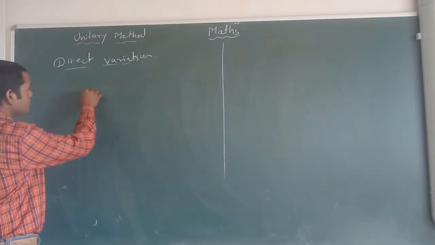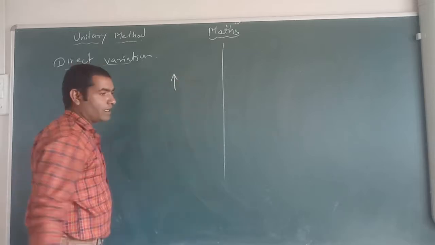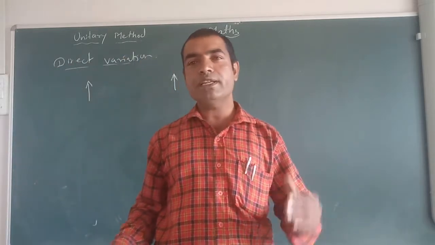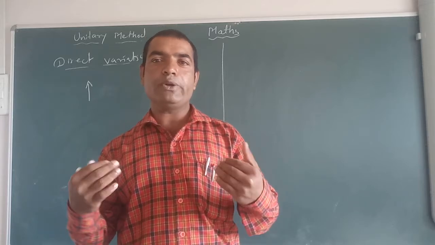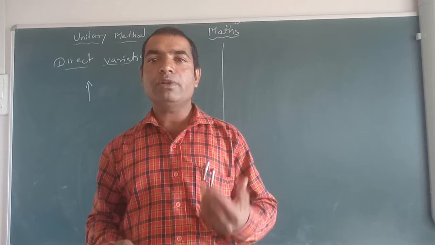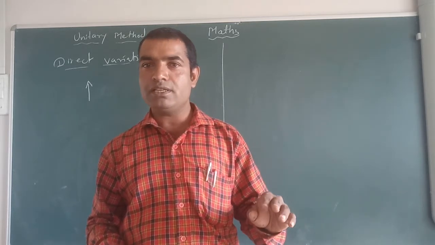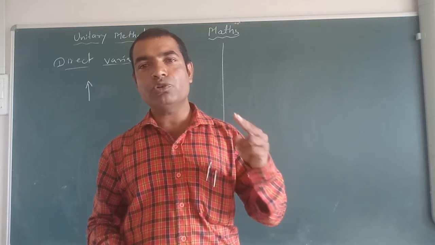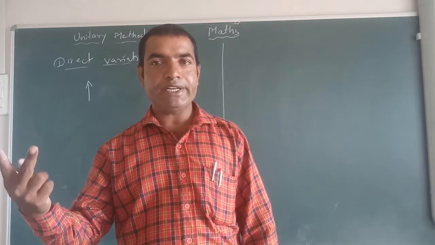That means both things are increasing. Or suppose one thing is decreasing, the other thing is also decreasing. For example, instead of 20 pens, if we have purchased only 2 pens, then the cost of 2 pens will be 20 rupees.